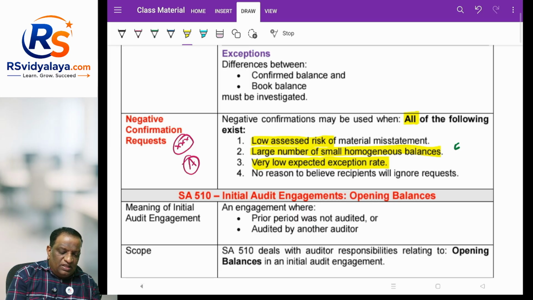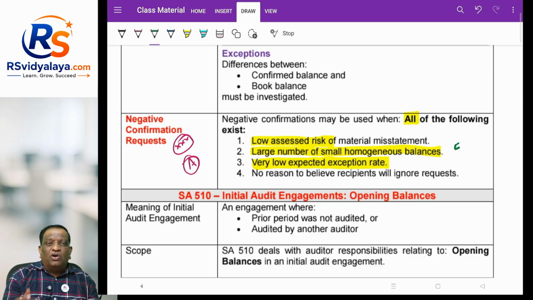So in this third scenario, as an auditor, you are more confident of your client's data, and because of the internal controls, you believe that the probability of your client's balances being challenged by the third party is very rare. So you trust your client. Then negative confirmation would be sufficient.